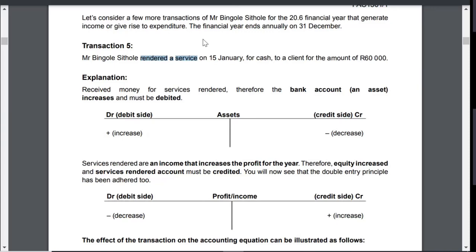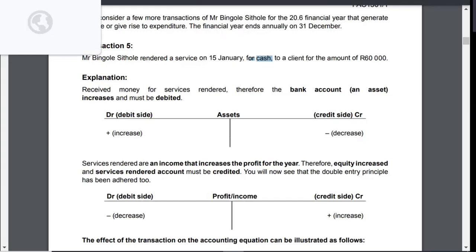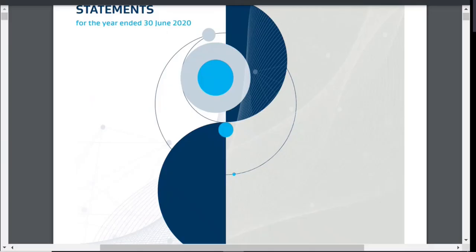So from the business point of view, in BS Electrical's books, income has come into the business, because the client has paid cash.